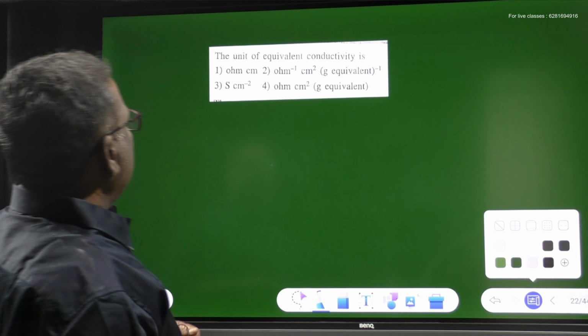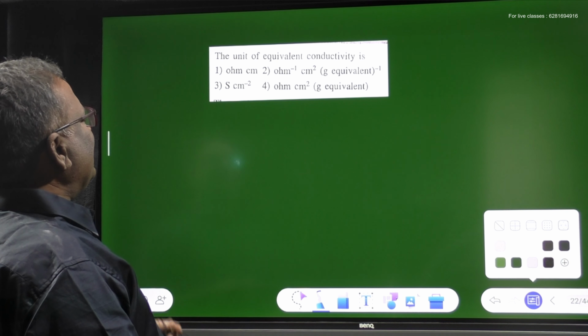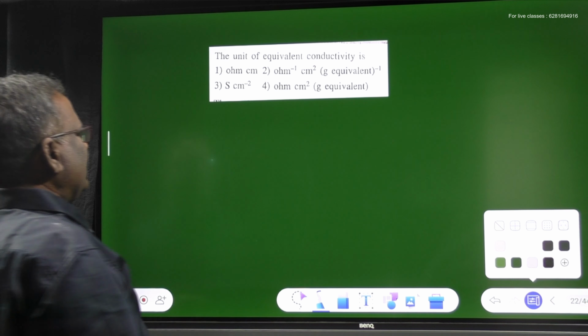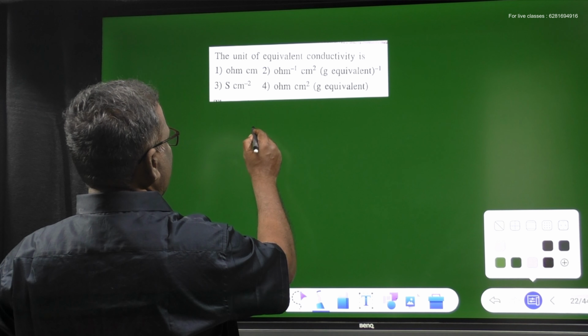Now the unit for equivalent conductivity.